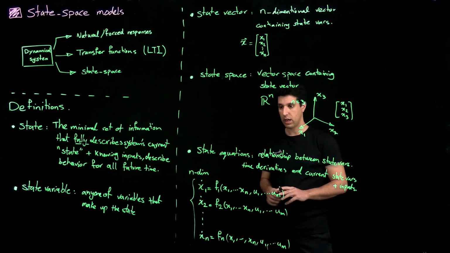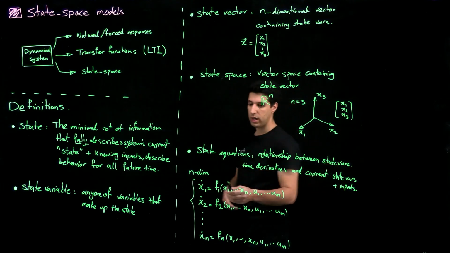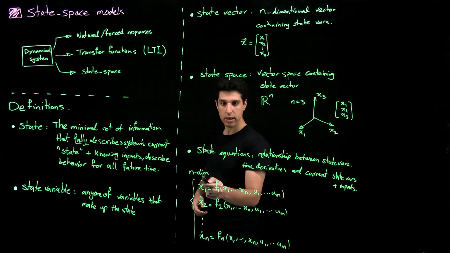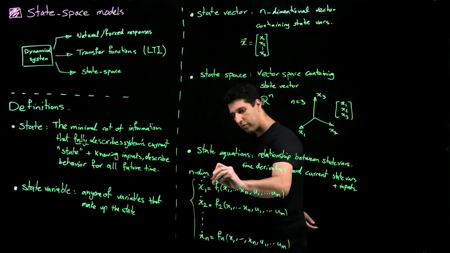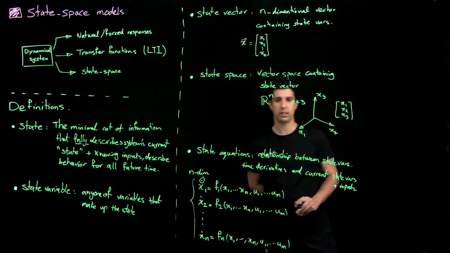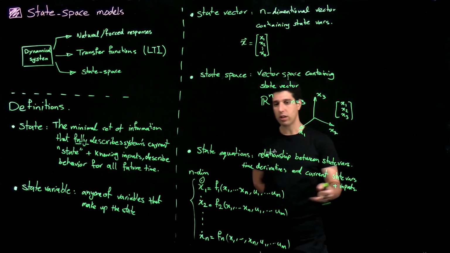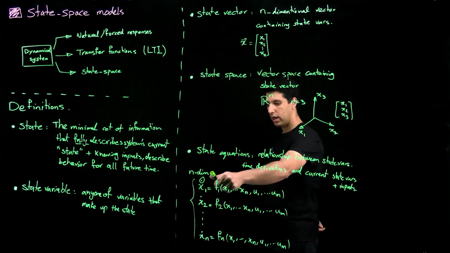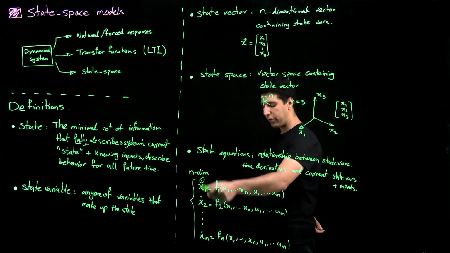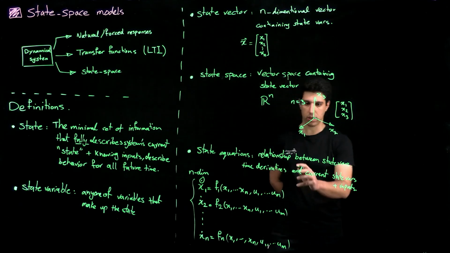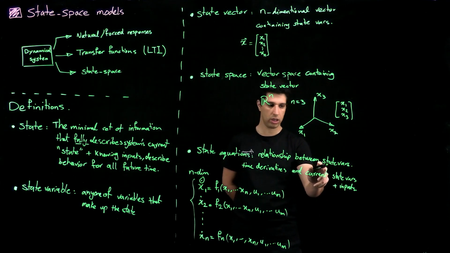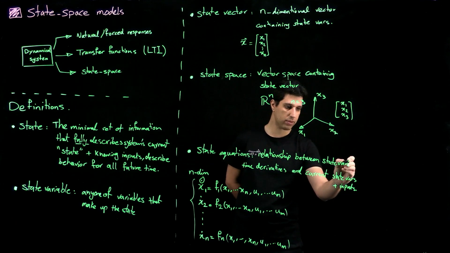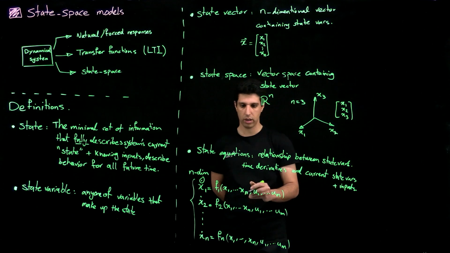One important thing to note here is that it is always the first derivative. It's not x double dot or x triple dot or any other thing we have worked with so far. This is always the first time derivative. Between state variables, first of all, it needs an apostrophe here.